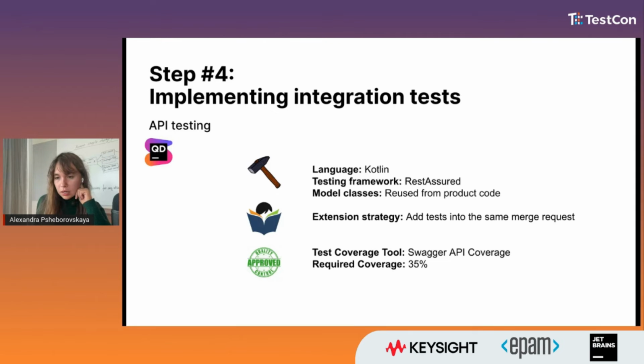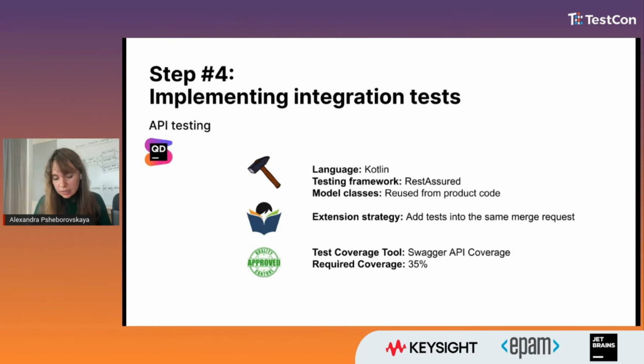Here, how did we do this stage in Kadana? We start by looking at backend testing, okay? Because the Kadana backend is written in Kotlin, the most popular framework for API testing here is Rest Assured, of course.